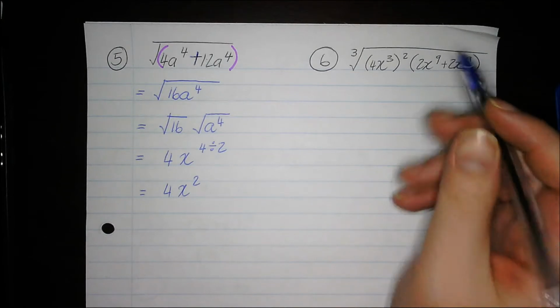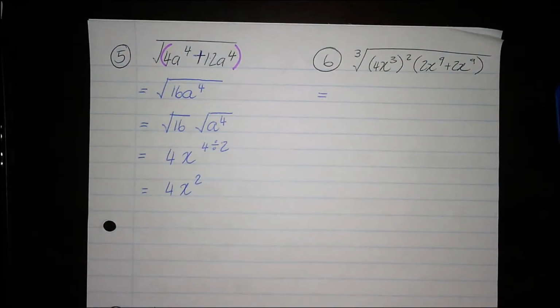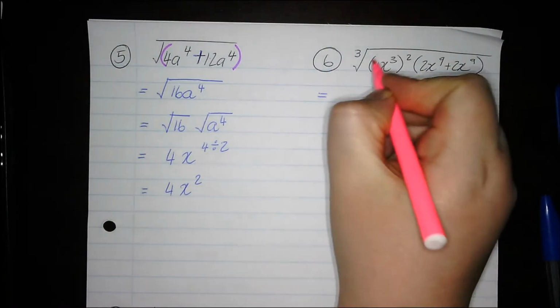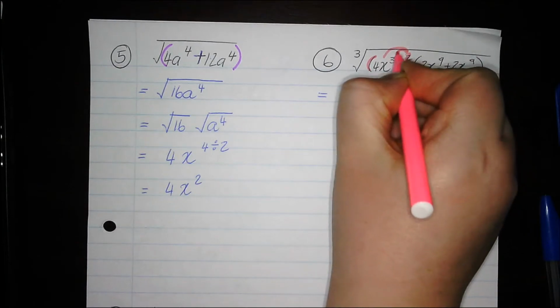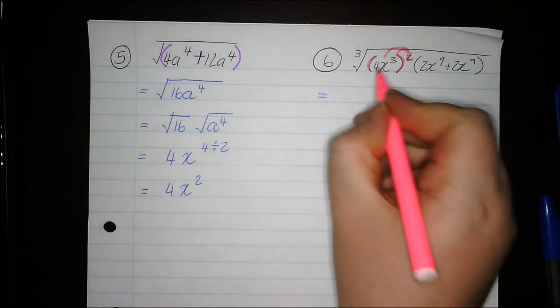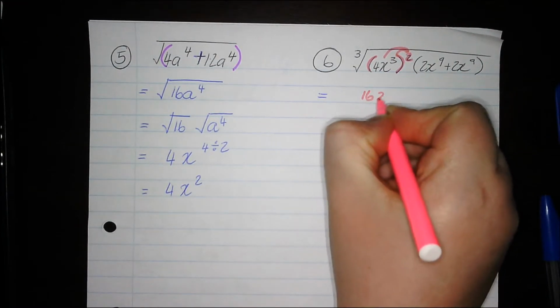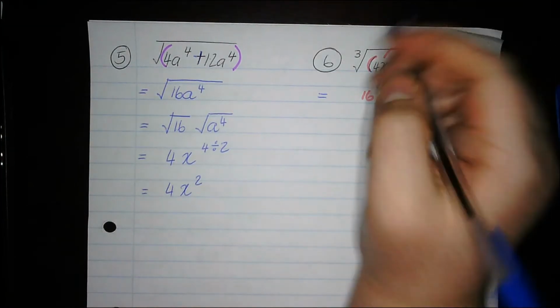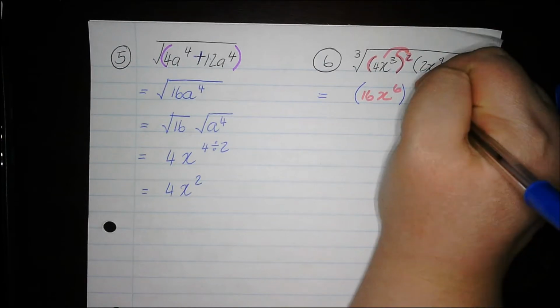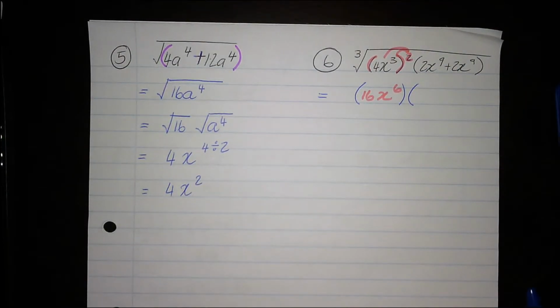And this one here, we are going to have to complete what's under the cube root first. So we're going to raise this to power 2, give it there and there. That's going to give us 16x to the power 6. I'm going to put that in brackets to make it clear that I'm multiplying here and here.